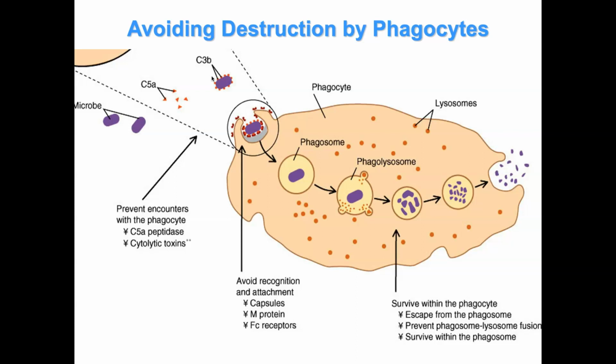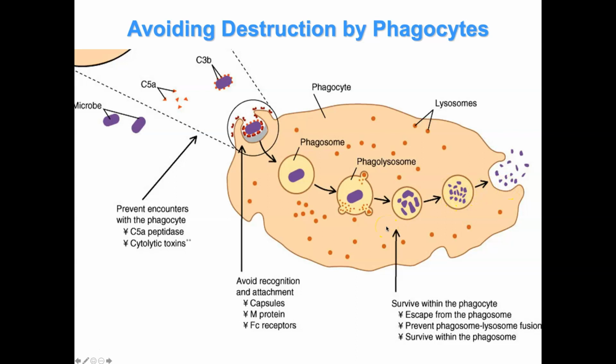The phagocyte comes in and engulfs it, and the microorganism is enclosed in a phagosome. This phagosome fuses with a lysosome, and now the killing is occurring. This process usually takes about 20 minutes. Now that the microorganism has been broken down, it will be released.